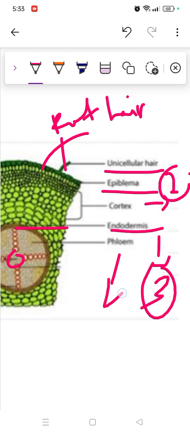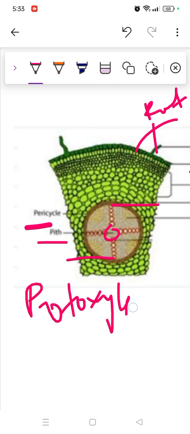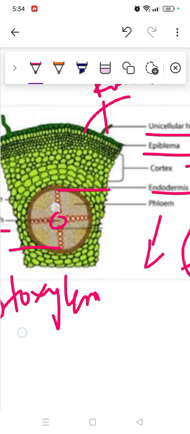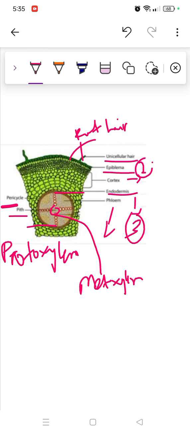Then we have the phloem. The hair-like structure here is called the protoxylem, and in the middle, near the pith, we have the metaxylem.